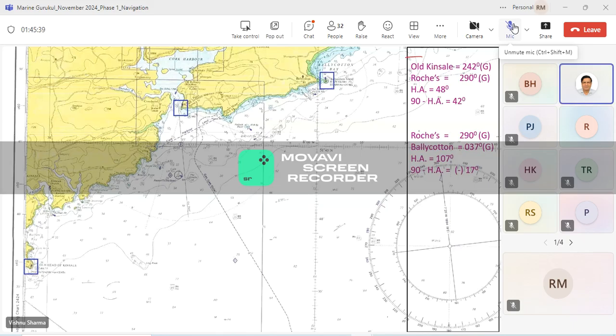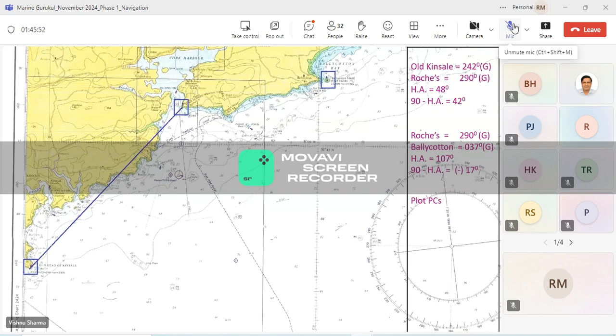First, let's draw for the first horizontal angle, Kinsale and Roches. We'll join Kinsale and Roches and call it the baseline. Okay. How much angle do I have to draw here? 42 degrees, plus 42.